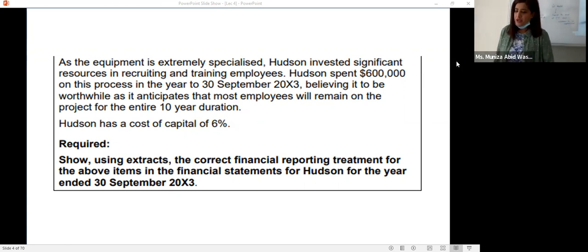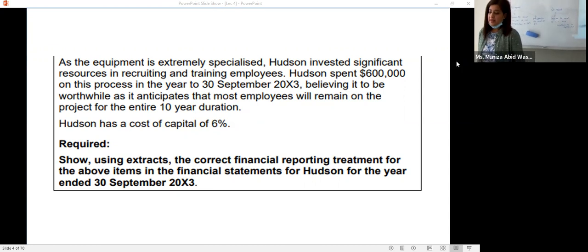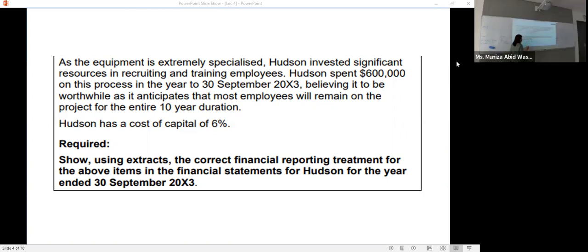The requirement of the question is: show using extracts the correct financial reporting treatment for the above items in the financial statements for Hudson for the year ended 30th September 2003. If the year ending date is 30th September 2003, then the year starting date is 1st October 2002. So our accounting year is 1st October 2002 to 30th September 2003.